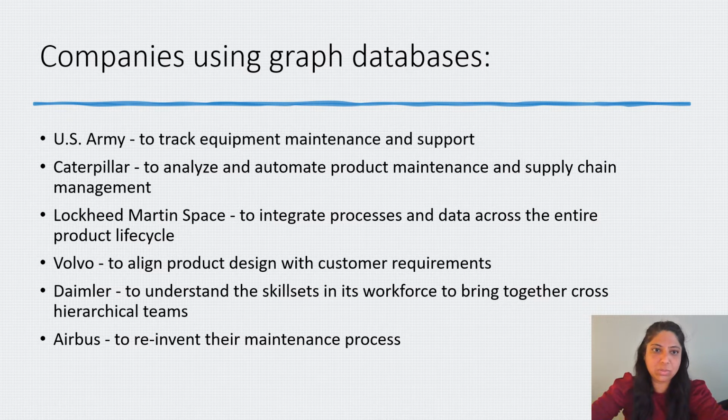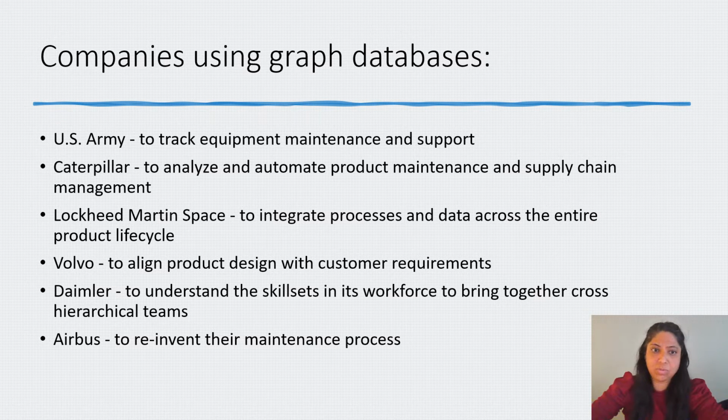Hello all. So I'm going to talk about the companies which are currently using graph databases. First is the US Army. The US Army is using graph databases to track equipment maintenance and support. Next we have Caterpillar, which is using graph databases to analyze and automate product maintenance and supply chain management. Further, we have Lockheed Martin Space, which is using graph databases to integrate the processes and the data across the entire product lifecycle.